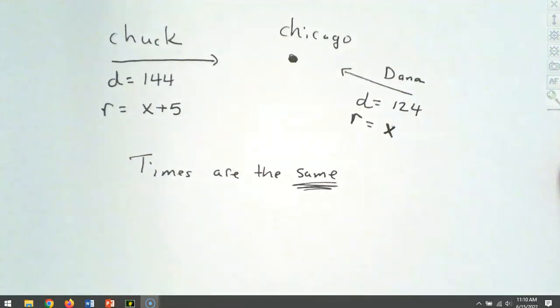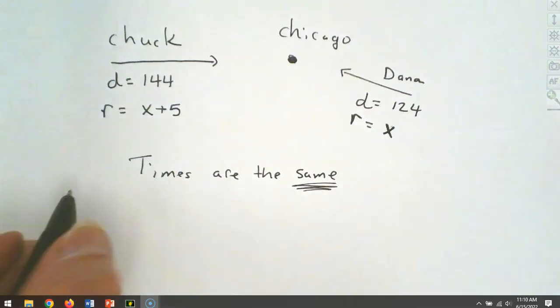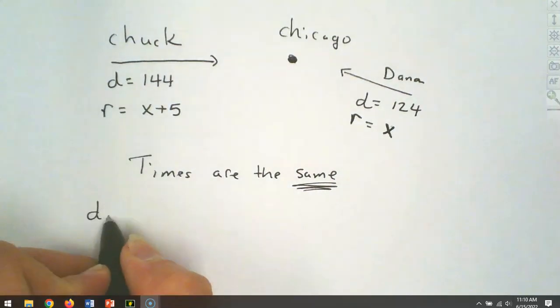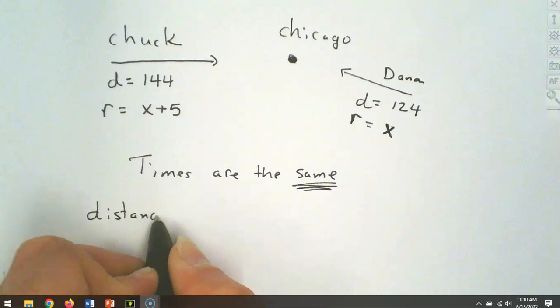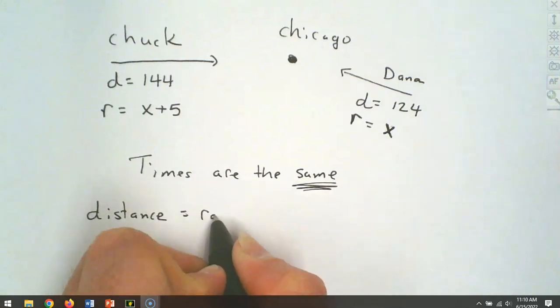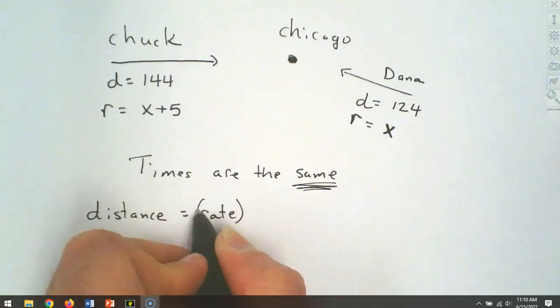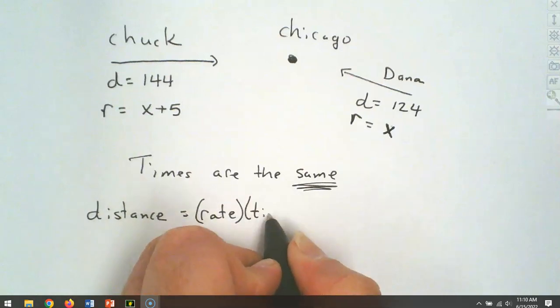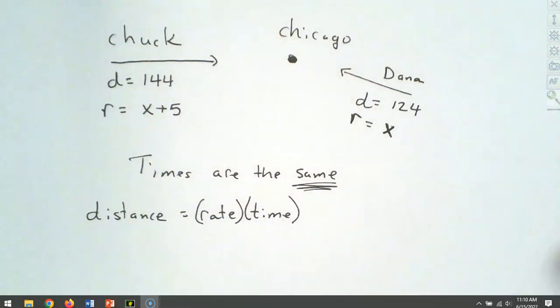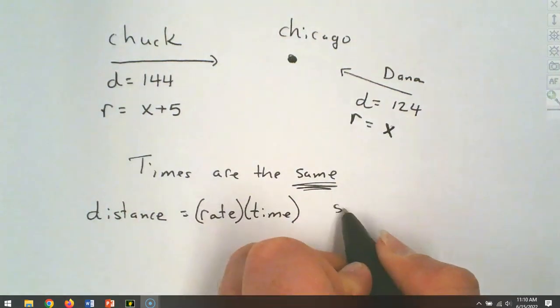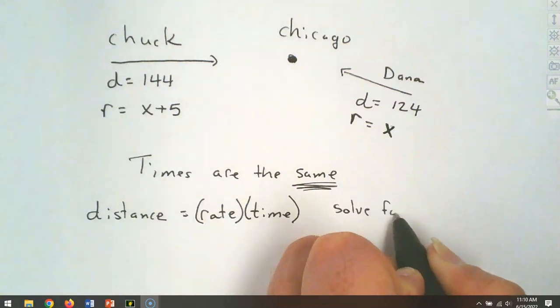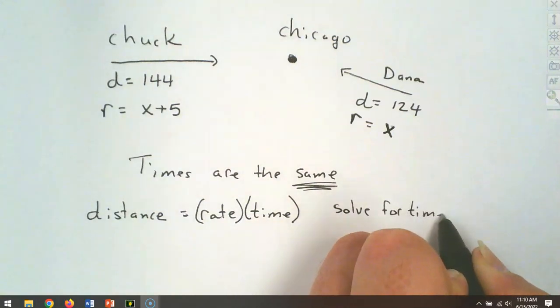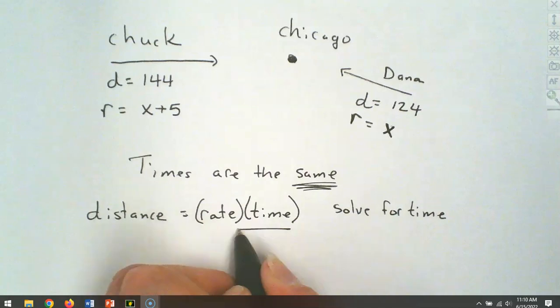How do we find time? Well, we know that the distance is going to equal the rate of speed times the time, right? Distance equals rate times time. Now, if I want to solve this for time, I just simply divide both sides by the rate.